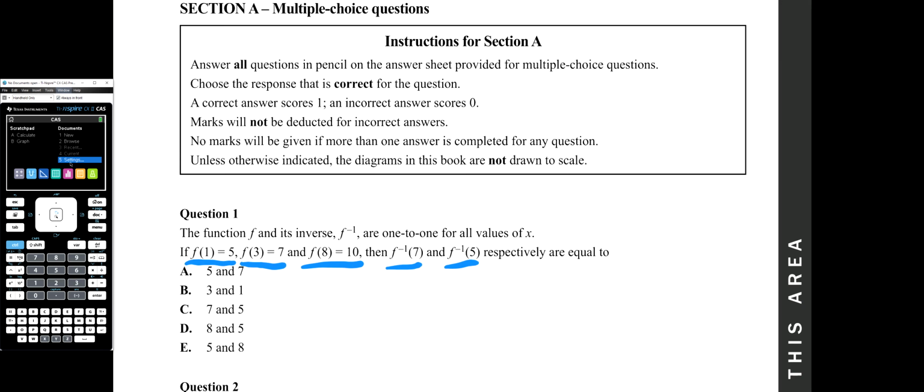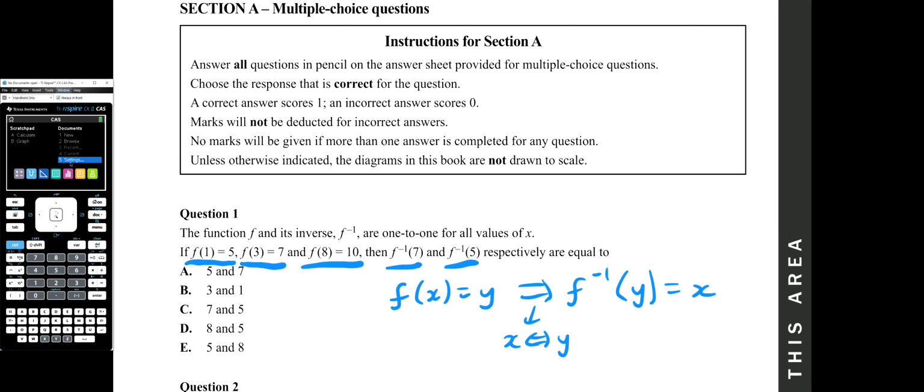Now, in order to actually answer this question, what we need to do is find the relationship between the original and the inverse. So for the original, you will have f(x) equals y, and what this means is when you go over to the inverse, the inverse function at a particular y value is equal to the original x value. That's because when you swap between a function and the inverse, x and y basically perform a swap.